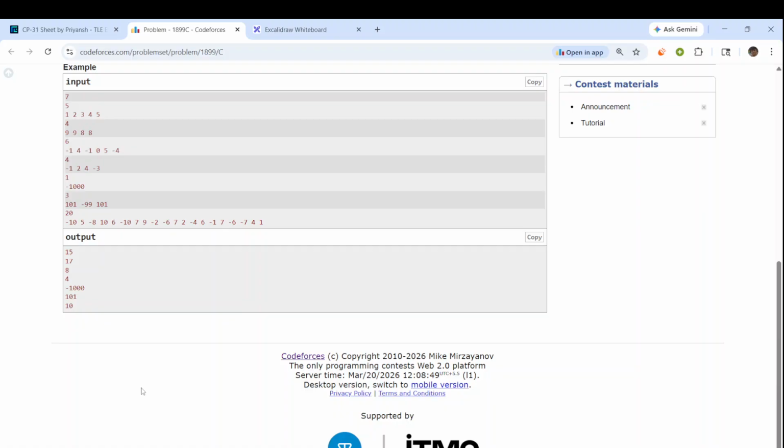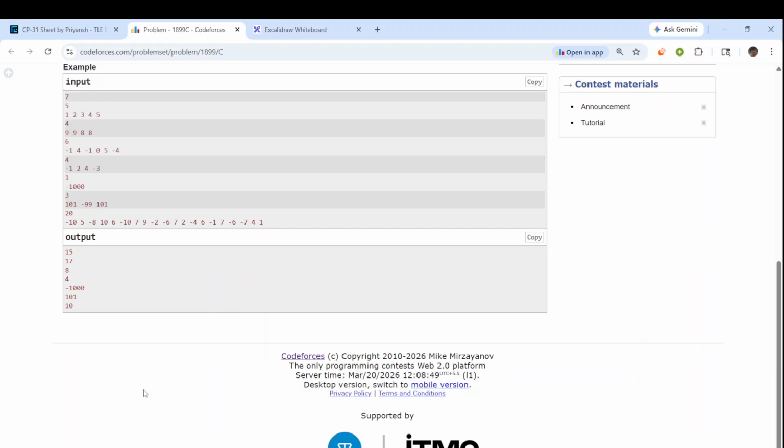So O of n square, which is not a very efficient way to solve it. Okay. Hmm. What should I do?